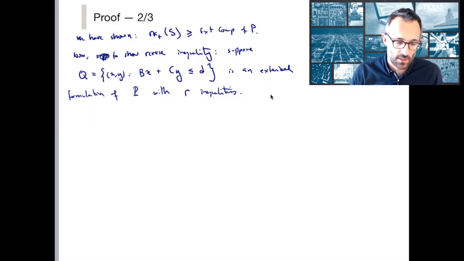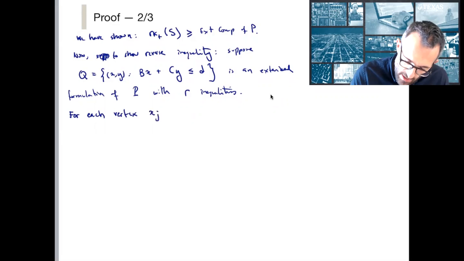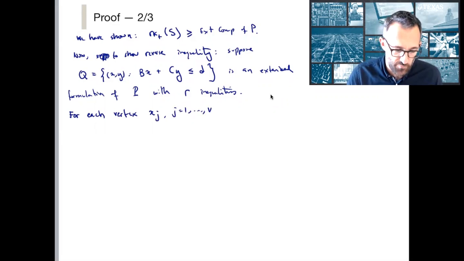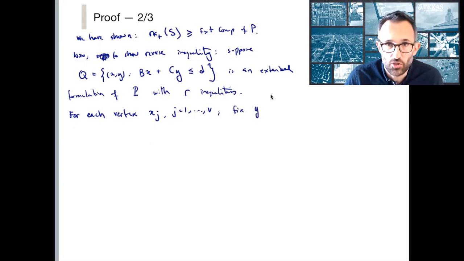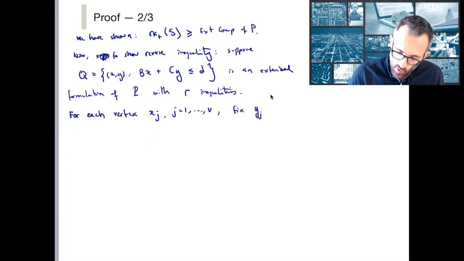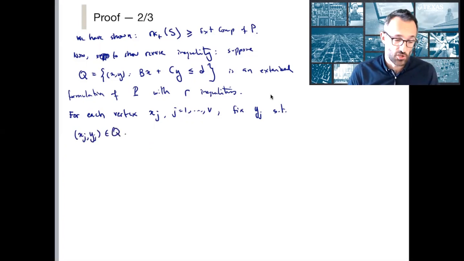Okay, so let's see how we're gonna do this. Again, we're gonna look at the vertices. So for each vertex xj, j from 1 to v, these are all the vertices that we wrote down of P, we know that there exists some y so that xj y is in Q. There are potentially more than one, so let's fix yj such that this pair xj yj belongs to the extended formulation.